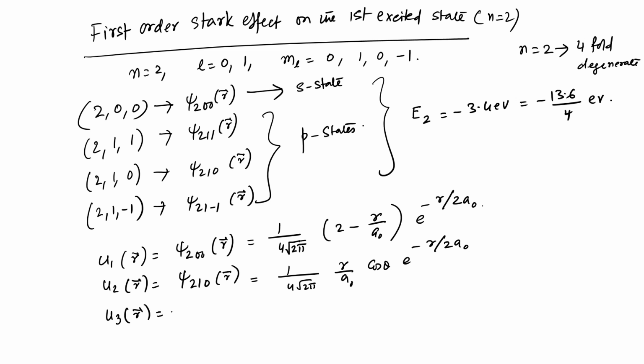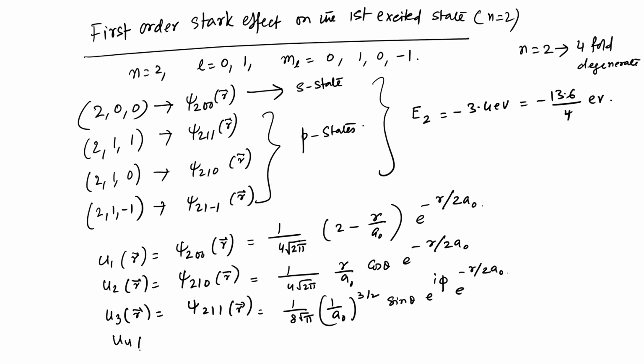U3(r), this is equal to psi 2 1 1, and this is equal to 1 by 8 root pi, 1 over a0 whole to the power 3 by 2, sin theta e to the power i phi, e to the power minus r by 2a0.